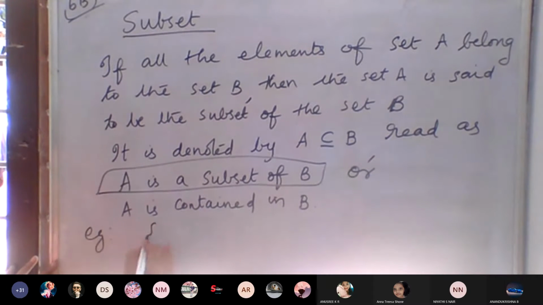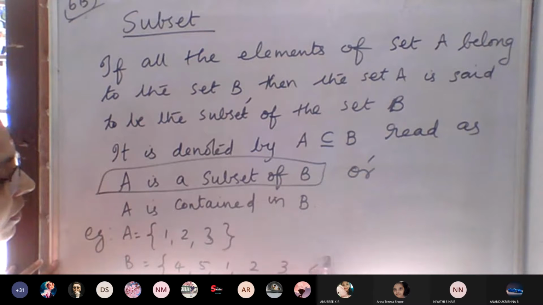Example: set A is {1, 2, 3}, B is {4, 5, 1, 2, 3, 6}.